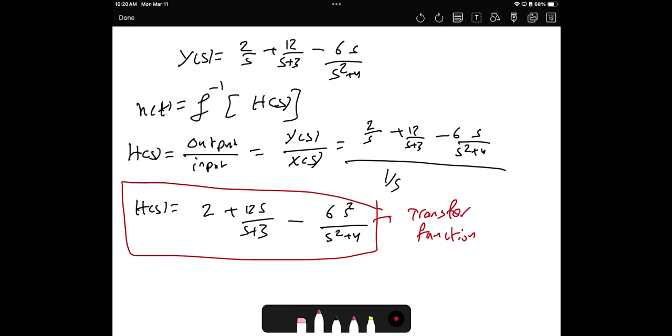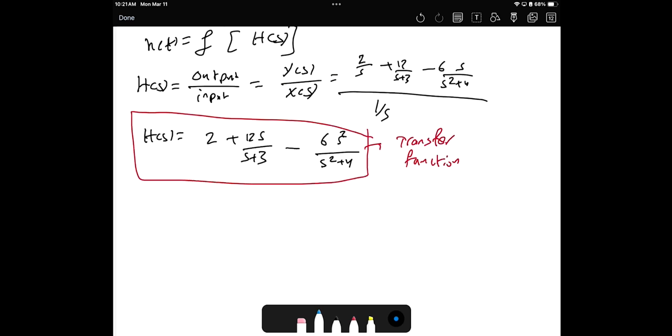What's the relationship? Transfer function is in the S domain, right? Impulse response is in the time domain.